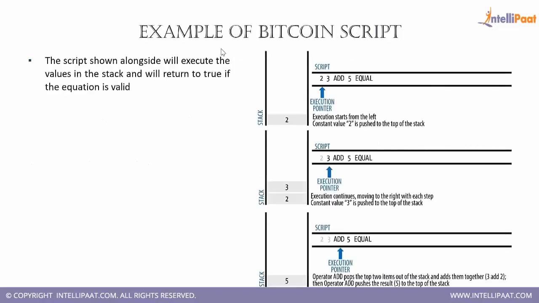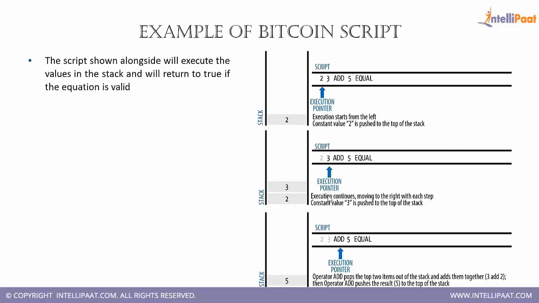Here is a simple example of a script. The script shown alongside will execute the values in the stack and return true if the equation is valid. The execution pointer starts from the leftmost item, and execution moves to the right with each step. Constant value 2 is pushed to the top of the stack.